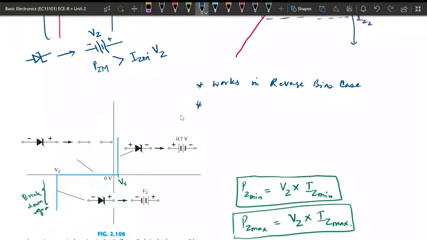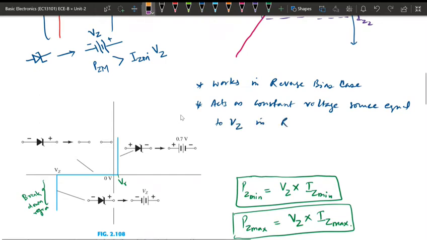Also we can notice it acts as a constant voltage source equal to Vz in reverse or in the breakdown region. Okay, so it will be a constant voltage source, that is Vz, in the breakdown region.